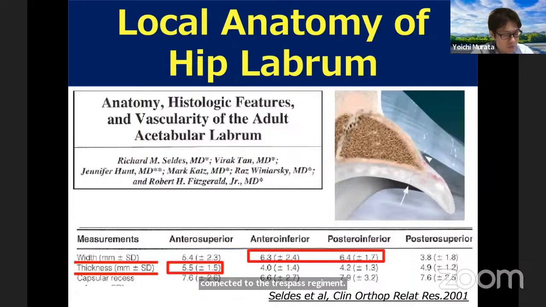When the cross-sectional view is enlarged, it appears as shown in the diagram on the right, attaching to the rim of the acetabulum and protruding outward. Studies measuring the width and thickness of the hip labrum have revealed that the labrum is thicker in the anterior and superior regions, while it becomes wider and more flattened in the inferior region.